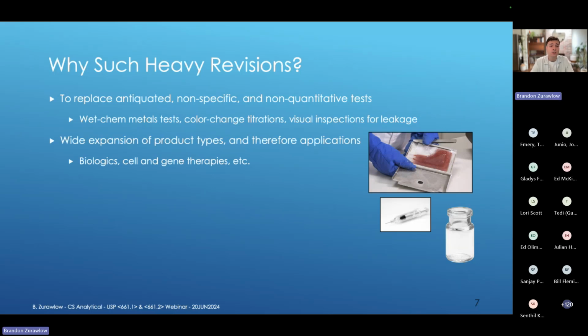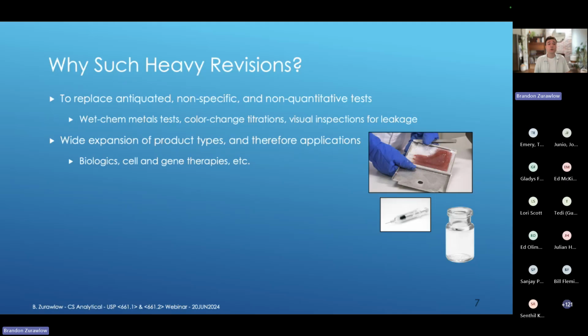Over the past few years, or really past probably a few decades in honesty, there's also been a wide expansion of product types and therefore applications. And so a lot of these chapters that have been established for decades really were addressing common product package systems that were around for decades, things like solid oral dosage forms in an HDPE bottle, maybe a parenteral product in a glass vial that's then drawn into a syringe at the time of administration.